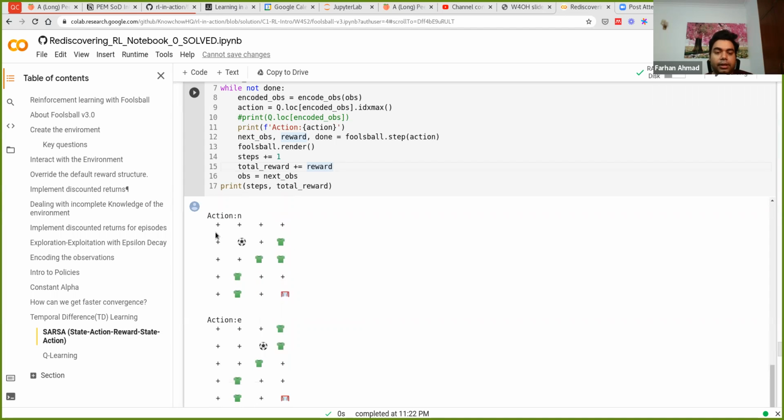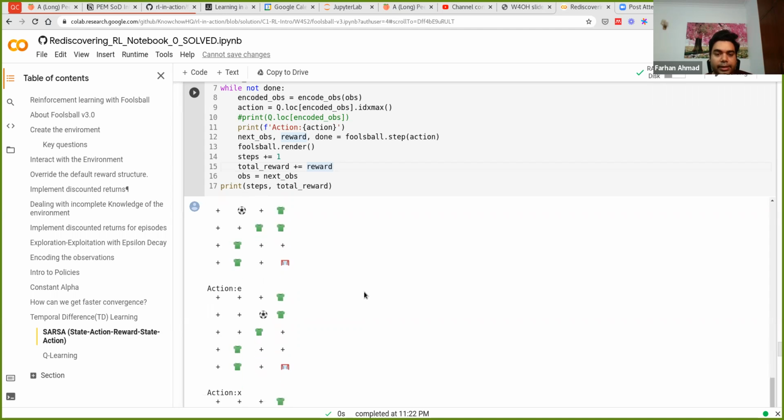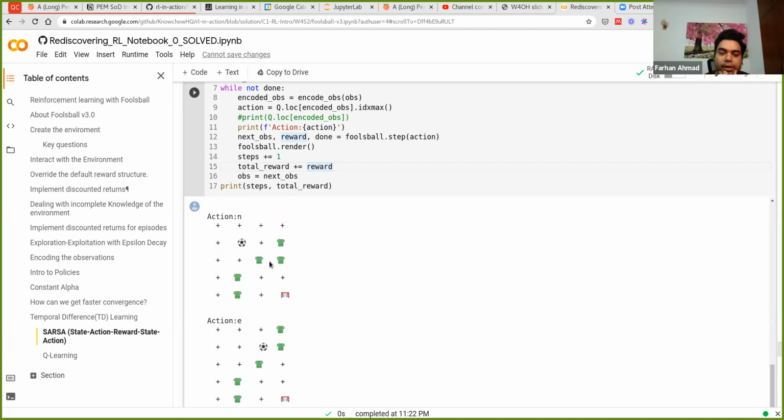No, it didn't. So the agent went north, and then it tried going east, which sort of makes sense at this point, because given the information that the agent has, it only knows about this cell. It can't see beyond this cell that two other defenders are present here. So it is trying to see if it can dodge the defenders over here and just take a detour from this side.